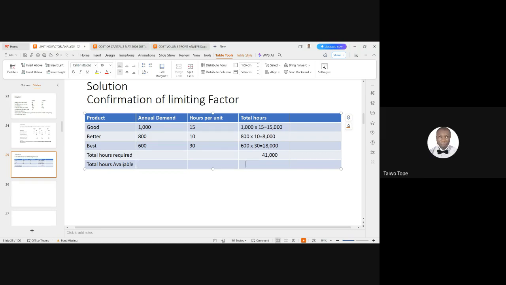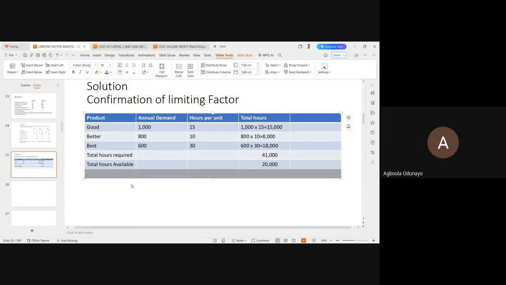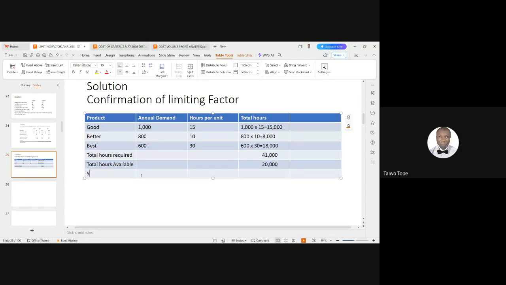So the difference between what is required and what is available will give you a shortfall of 21,000 hours. It means that we don't have sufficient hours to meet our demand.